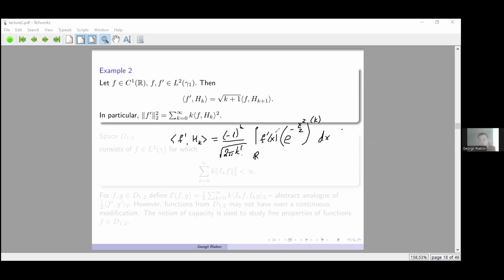Now if we integrate by parts once, we will get here k plus 1. We will not have the derivative of f.